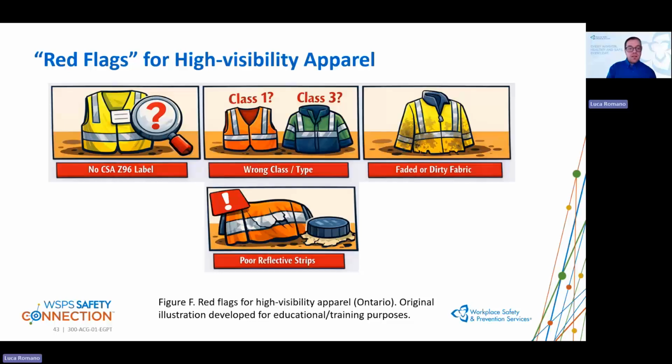So that's something to be aware of. Sometimes the material of the apparel can be faded or dirty, or it's coming in a standard that just doesn't make sense, and it's making you hesitant. Oftentimes too, the reflective strips on the apparel can be poor or not meet the requirements of the standard as well.